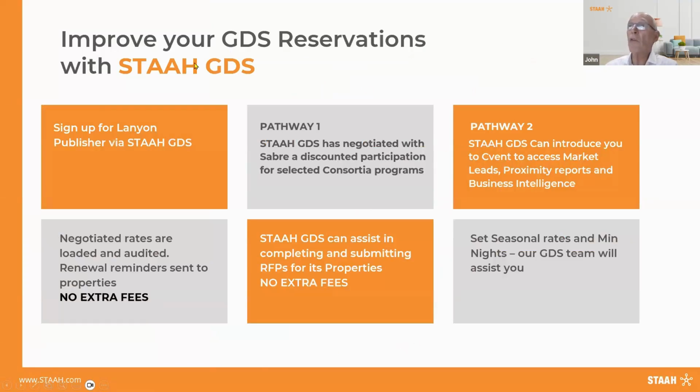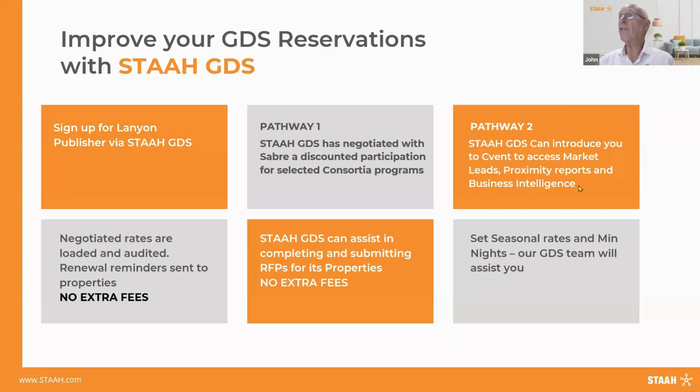So a quick summary of all of that: you sign for Lanyon Publisher via STAAH GDS. That's fine. Then you choose which of the two pathways. Pathway 1, choosing a small number of consortia programs where you want to be listed as a preferred hotel, or you can choose pathway 2, where we can introduce you to Cvent to access market leads, proximity reports, and business intelligence, as I detailed before.